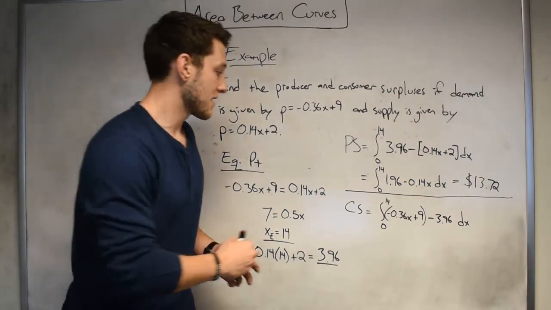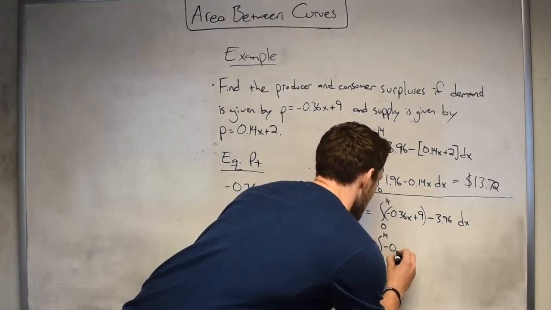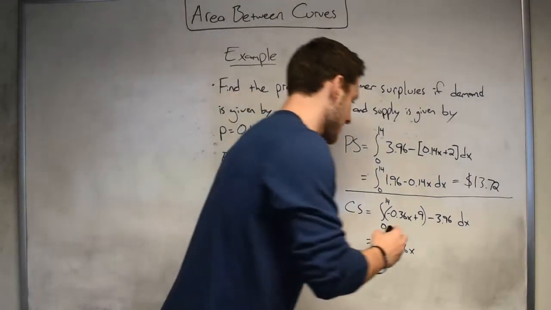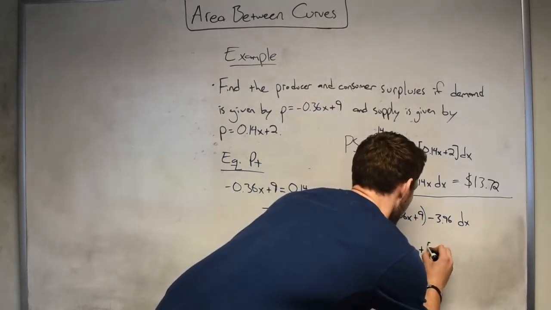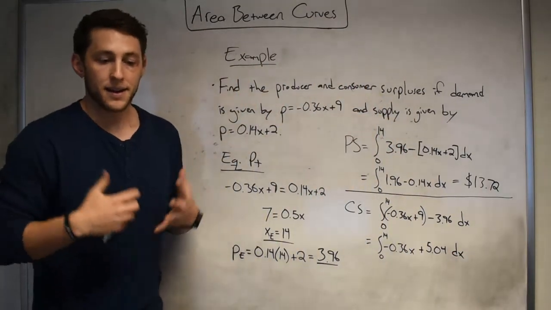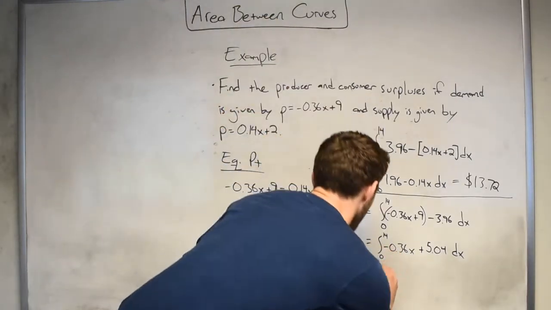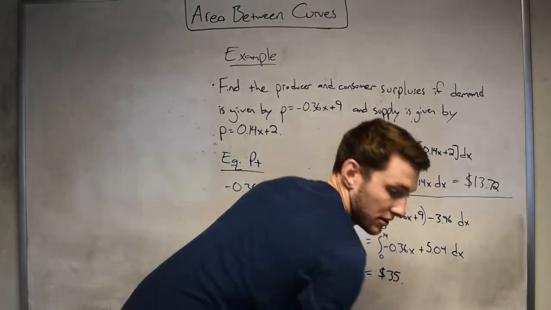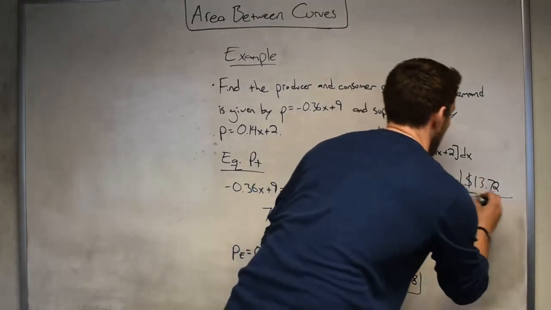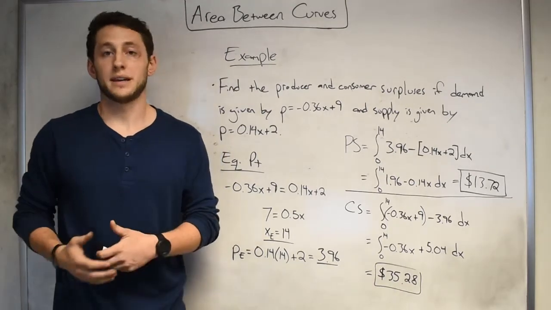We could simplify this to the integral from 0 to 14 of negative 0.36x plus 5.04, all with respect to x. Upon computing this integral, we would get an answer of $35.28. Notice these answers are in dollars because we are talking about a surplus, extra money in your pocket.